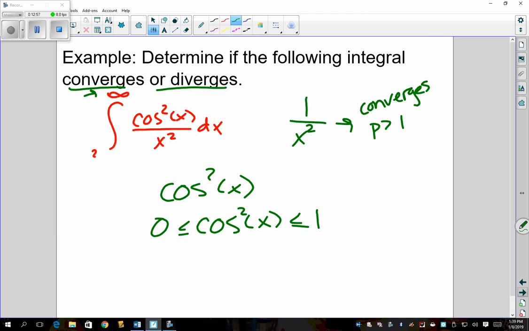And so I can use that information to help inform my decisions, and since cosine is bounded by 1, I know that the integral from 2 to infinity of 1 over x squared dx has to be greater than the integral of cosine squared x over x squared dx. And we can actually prove this using our improper integrals.